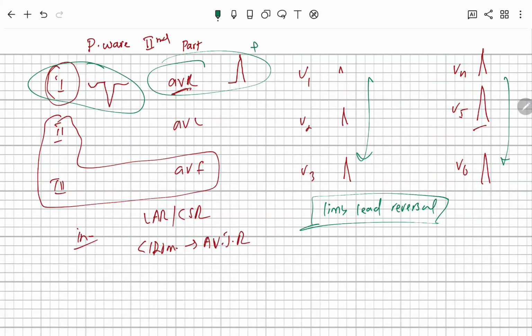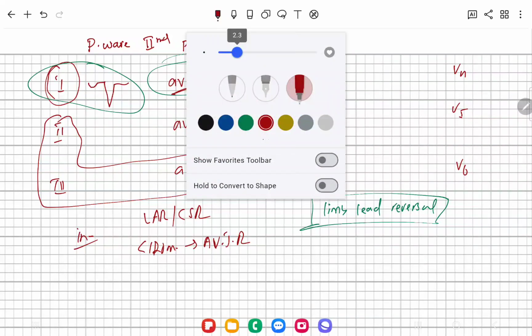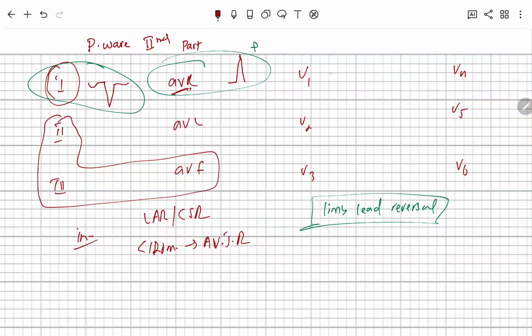If we find the opposite of that, let me erase this data from here. If we find that there is a regression of R wave, that means the amplitude of R wave is in a decreasing trend. You can see the amplitude is decreasing in pattern.